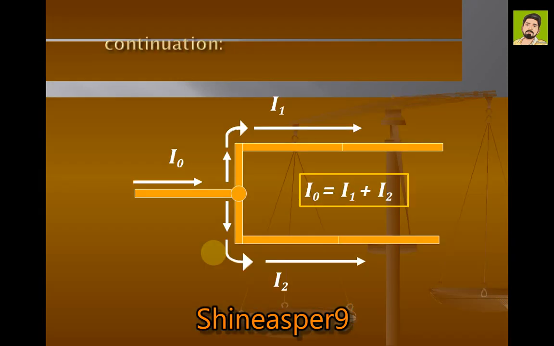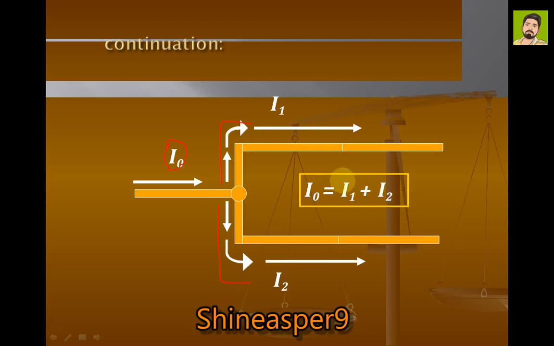Previously we discussed continuation. Now, the initial current I0 goes through this conductor, and this current is divided into two directions, the I1 direction and the I2 direction.